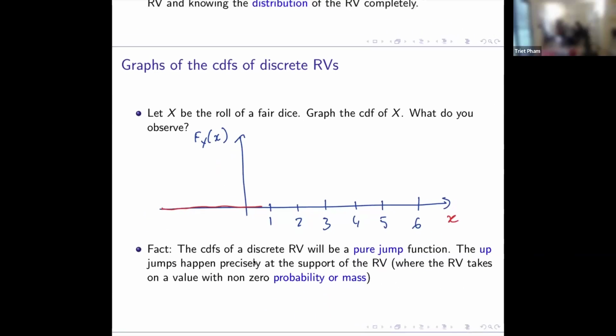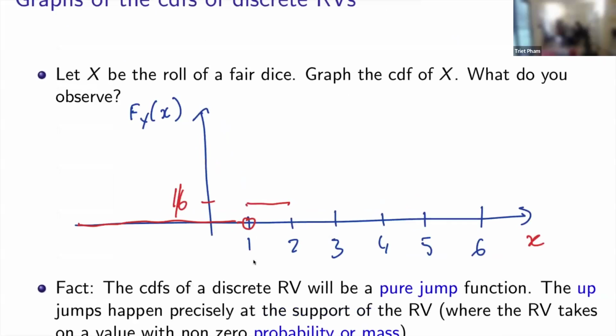At 0, it will jump to 1/6 and stay constant for a while, and then jump to 2/6. Circle here, dot there, circle, dot, 3/6, 4/6, 5/6, and 1. Like that.